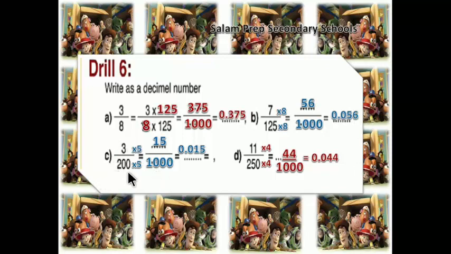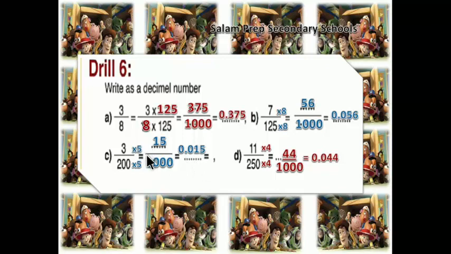3 over 200. 200 times 5 equal 1000. 3 times 5 equal 15. This is a proper fraction, so we can write the decimal point.